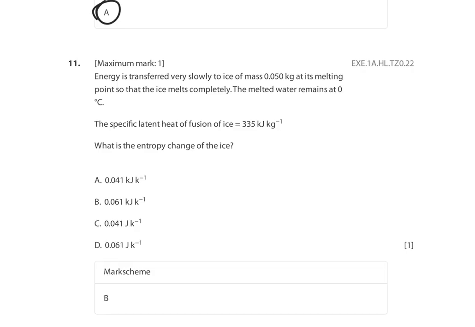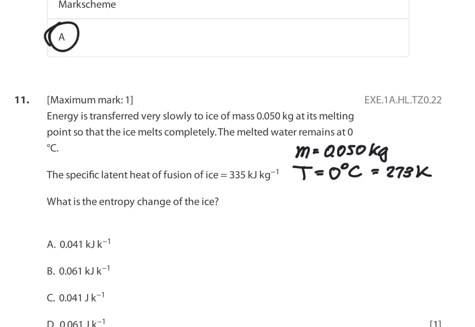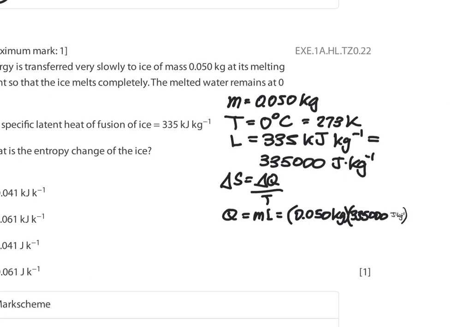Number 11 is just like number 10, but it gets a little spicier. They're giving us mass and the latent heat of fusion. But let's break this down. Remember, Kelvin, not Celsius. Had to squeeze those units in there. All right, so we need the Q, the latent heat of fusion there.